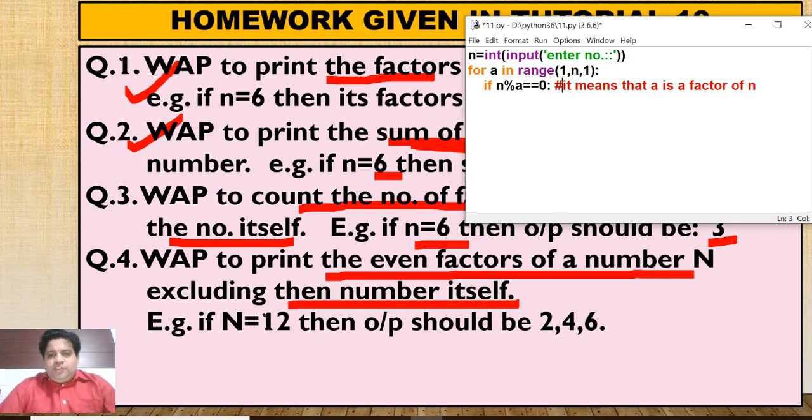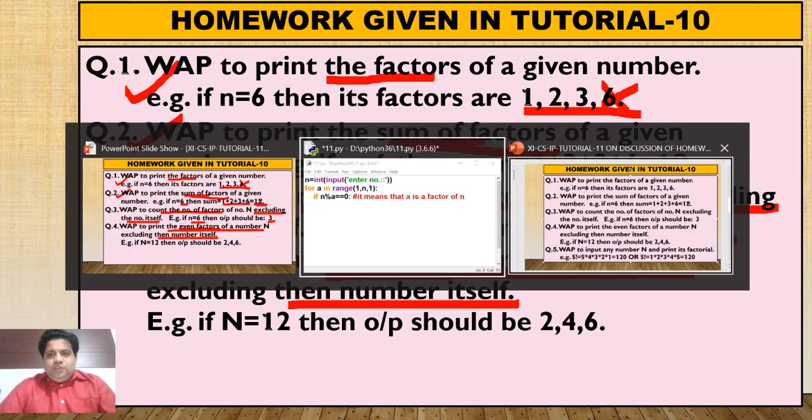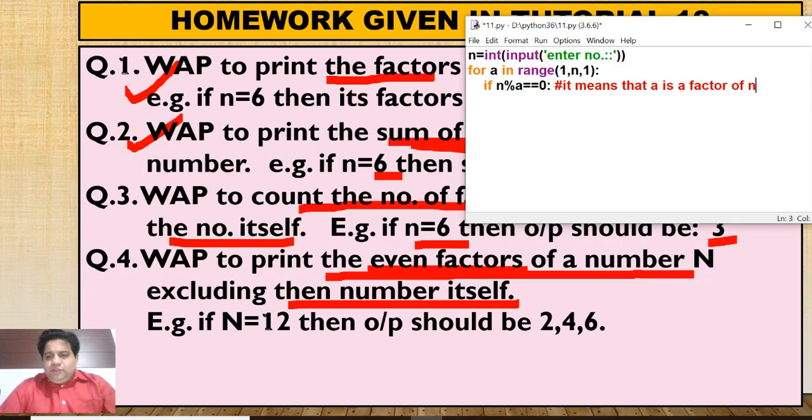Now you also have to check, is it an even factor? Now this you can do in two ways. You may remember the nested if, means you can use if inside another if. So if n mod a equal to 0, you can check if a mod 2 is even. It means if a is even.